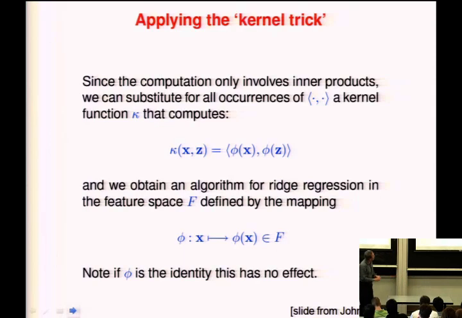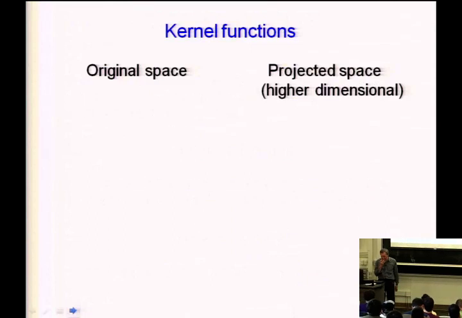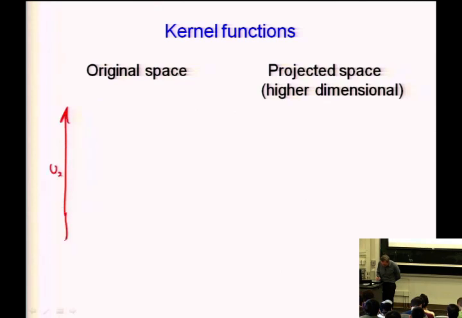So let me skip ahead one slide and draw a picture. Here's the way to think about kernels. Suppose I have some original two-dimensional space. I'll call my dimensions u1 and u2, and I have a couple points in this space.